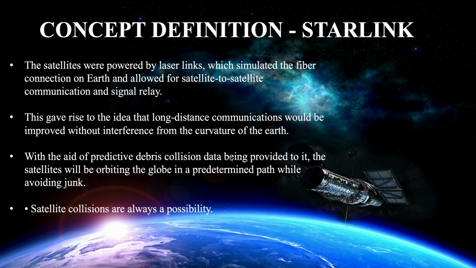It can relay to the next satellite in orbit, which can send the signal to its corresponding Earth station. This relaying can be done in space, mimicking the present optical fiber connection on Earth. This network has also brought advancements in long distance communication.